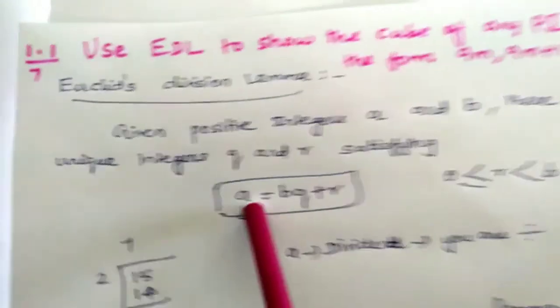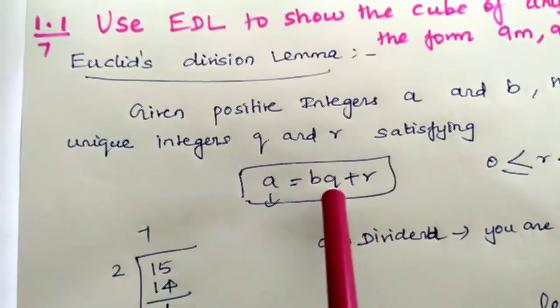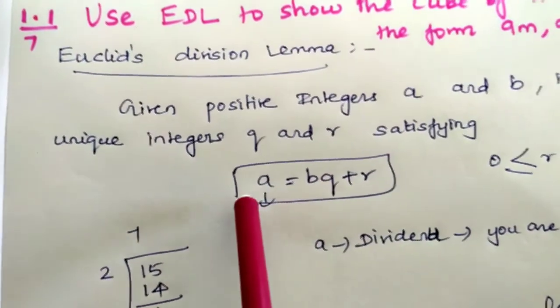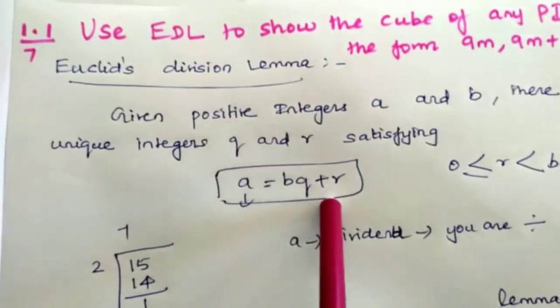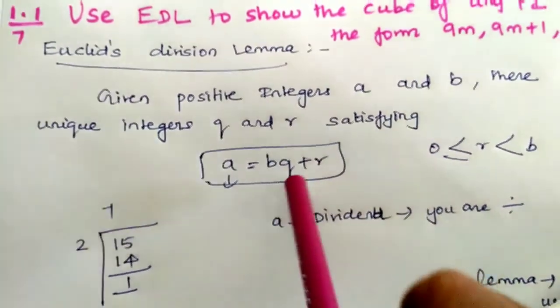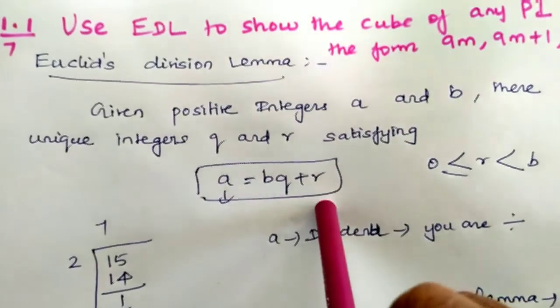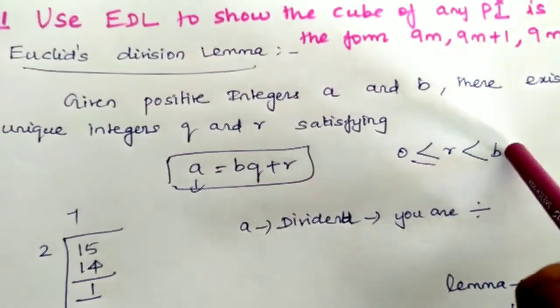The same thing is said in Euclid's division lemma. What is this theorem? a is equal to bq plus r. Always the value of a is exactly equal to bq plus r. What is a? Dividend. What is b? Divisor. What is q? Quotient. And r is the remainder. And the remainder r will be less than b.